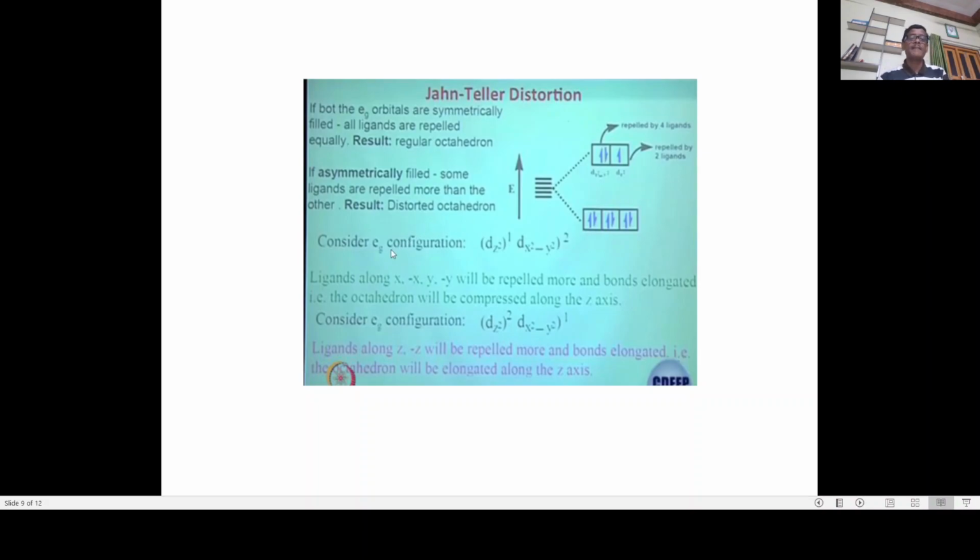In the configuration dz square 1, dx square minus y square 2, ligands along the XY plane will repel more and bonds elongate. That octahedron will be compressed along the Z axis.